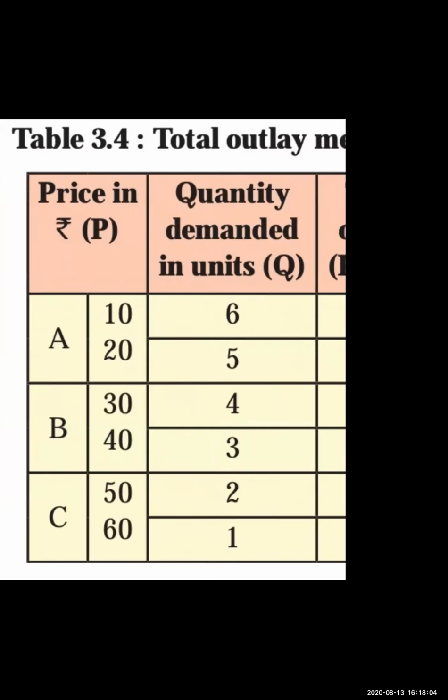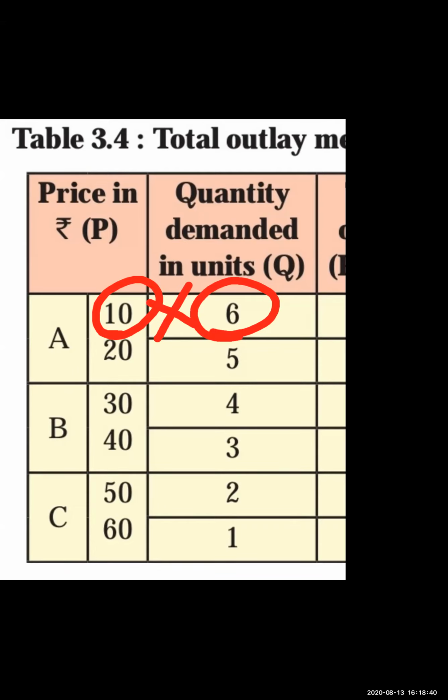Now you will tell me the total outlay. In situation A, the original price is 10 rupees and the original quantity demanded is 6 units. So 10 into 6, what will be your answer? 60. Just keep this in mind.